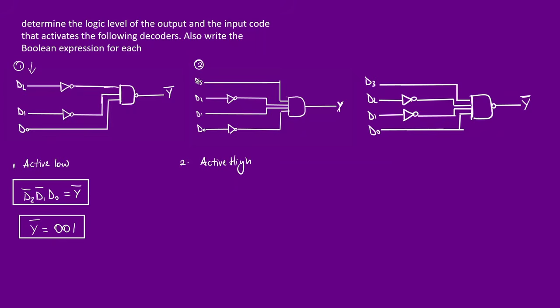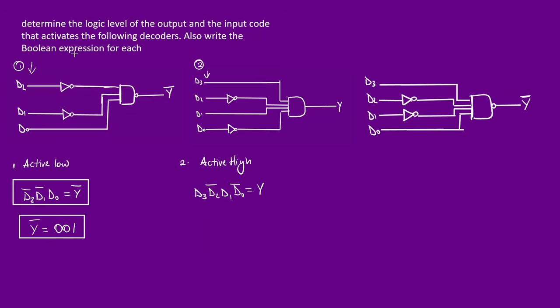All right. So looking at this, we start from the most significant bit, D3. So D3 is regular. D2 is negated. D1 stays the same, and D0 is negated. And this is our output Y. Okay.